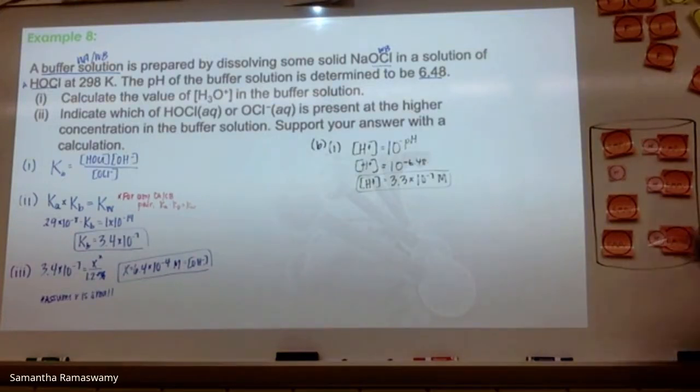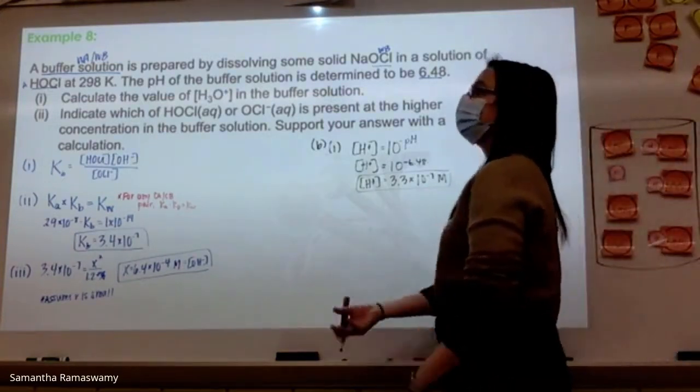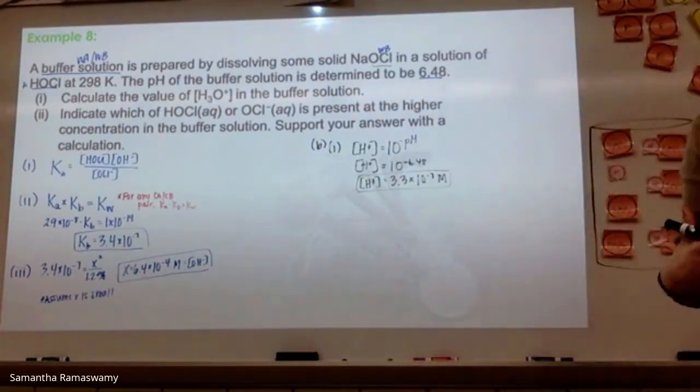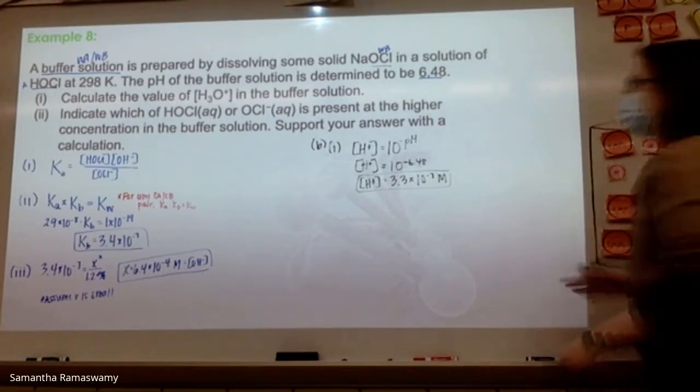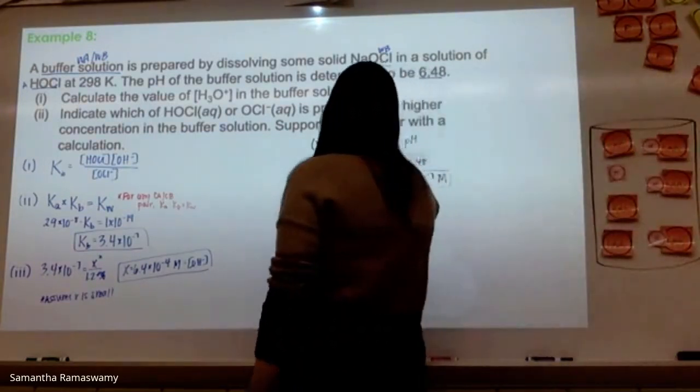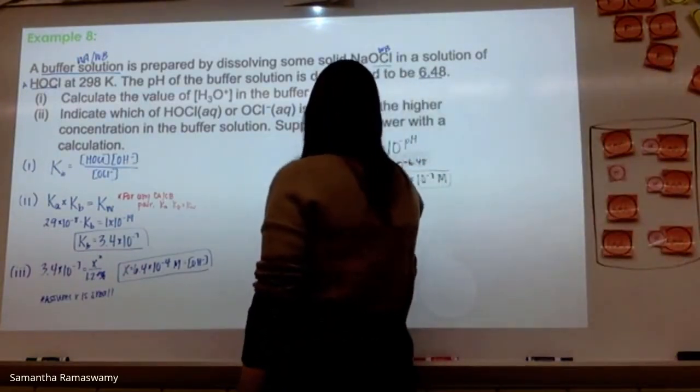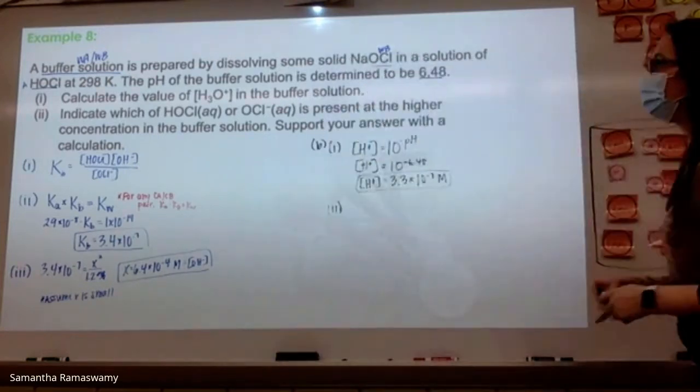Then part 2 says indicate which of HOCl or OCl minus is present at the higher concentration in the buffer solution. Support your answer with a calculation. So because it tells us to do a calculation, we need to do a calculation.